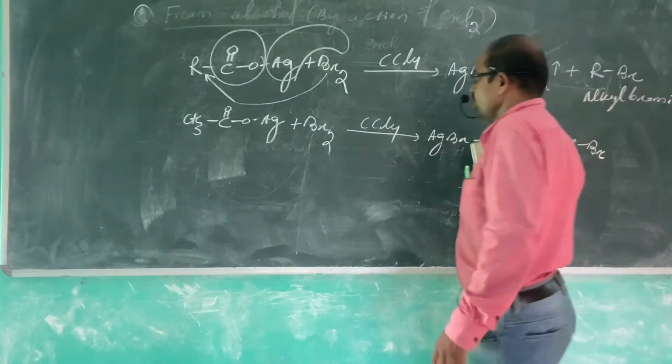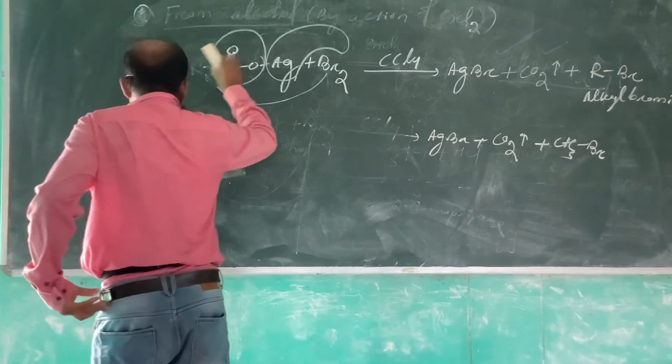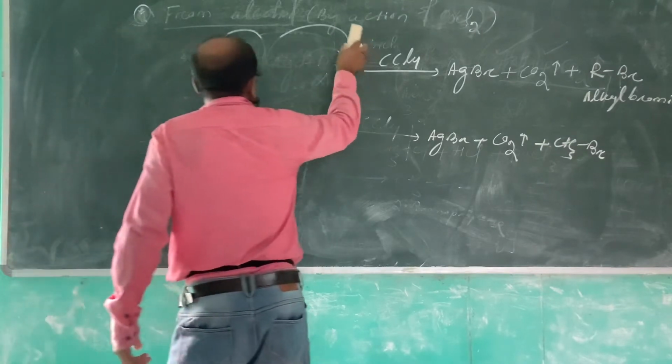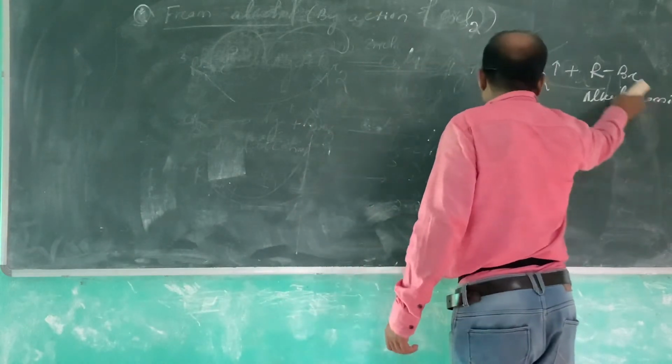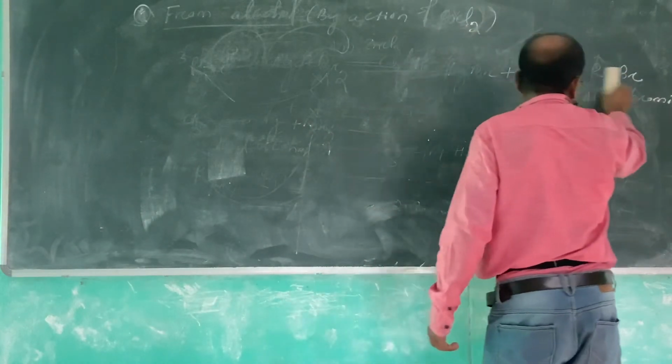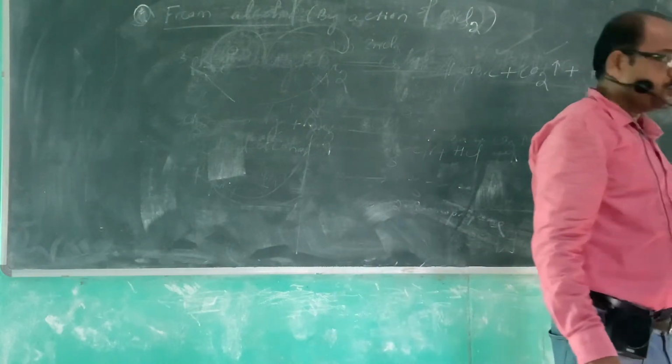Then come to the methods of preparation of monohaloalkane by Finkelstein reaction. This process is also called halogen exchange process.